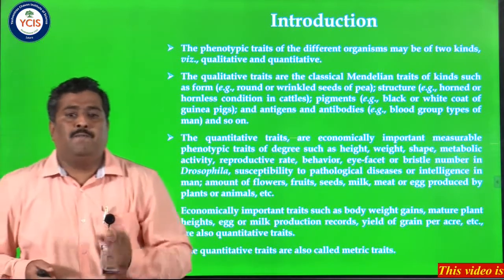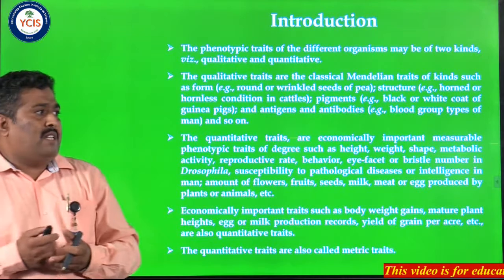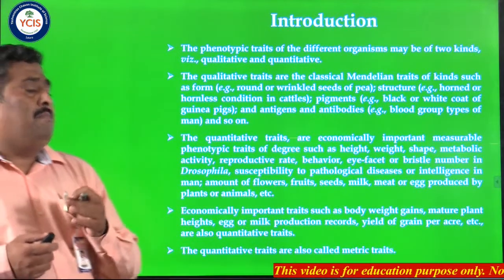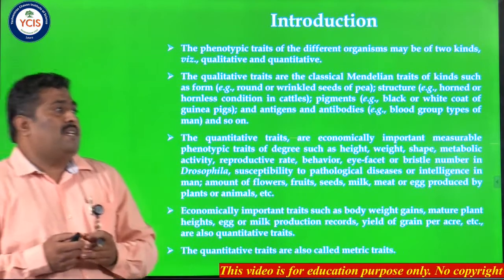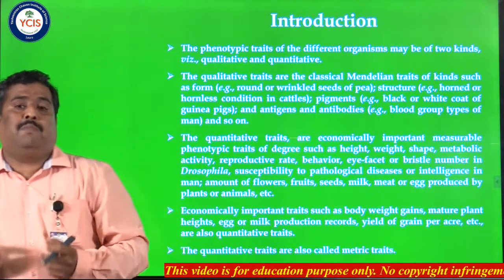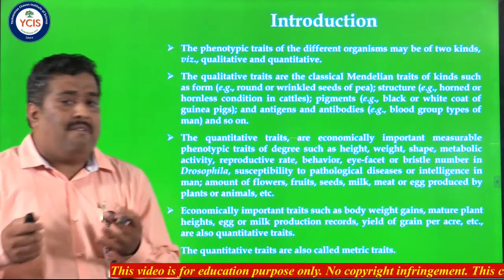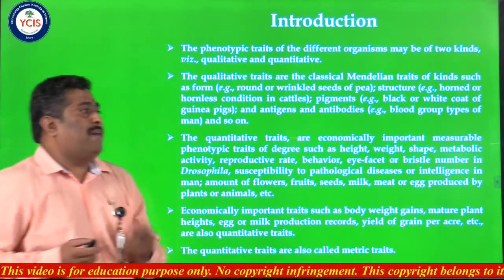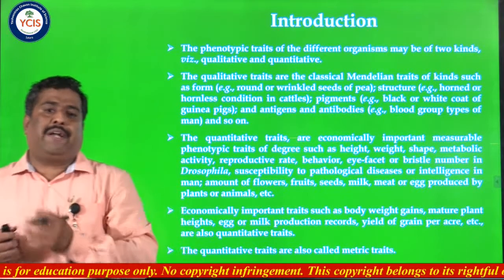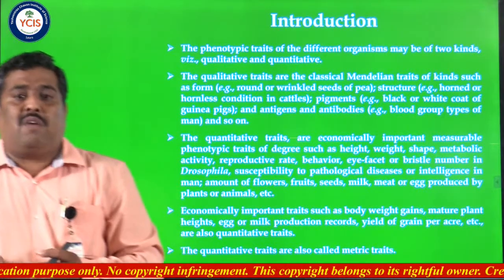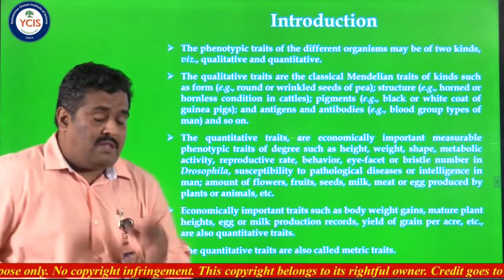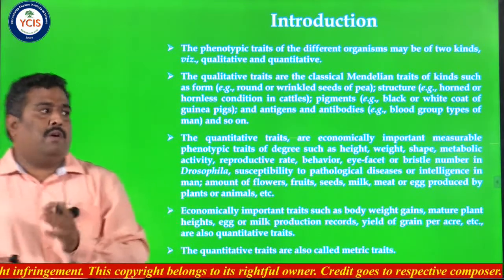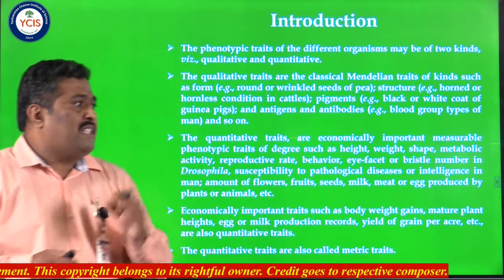These are nothing but qualitative traits, whereas quantitative traits are economically important, measurable phenotypic traits, such as height of the plant, weight of the seeds, shape of the seeds, some metabolic activities or the reproductive rate. Such traits are called quantitative traits, which we can measure in terms of some numbers. So this is what quantitative traits are.